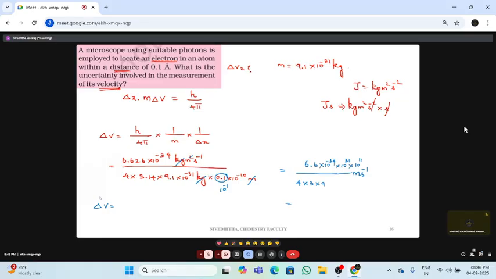Zero point zero six seven, 10 power 2? Not exactly. Six into 10 power 5, ma'am. That is not 10 power 5. Can you please check again? Six into 10 power 4, ma'am.